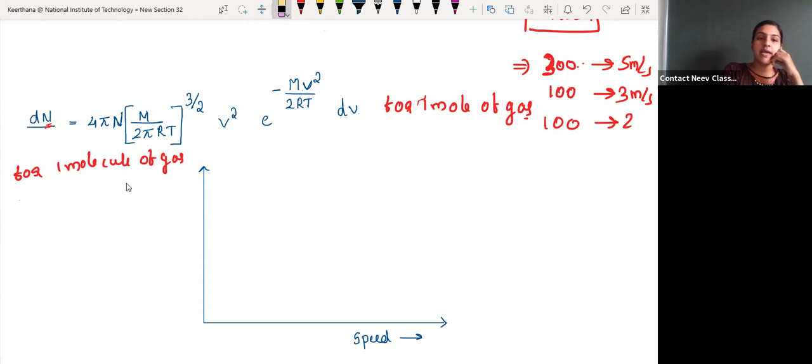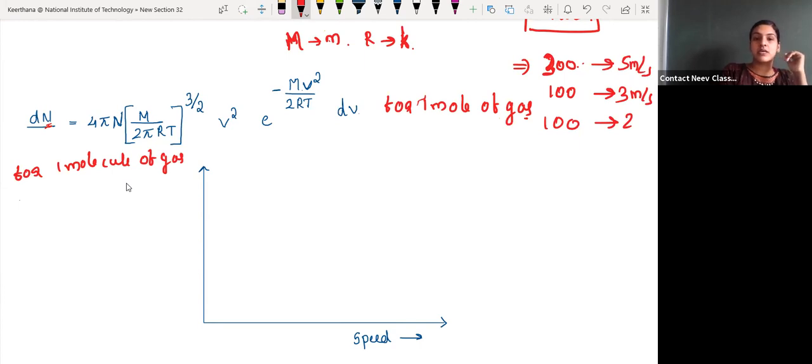It will be 4 pi N, (m by 2 pi kT) raised to 3 by 2, v square, e raised to minus m v square by 2 kT, where small m is the mass of 1 molecule and k is the Boltzmann constant. You will get the Maxwell-Boltzmann distribution for 1 molecule, while the earlier function is for 1 mole of gas.